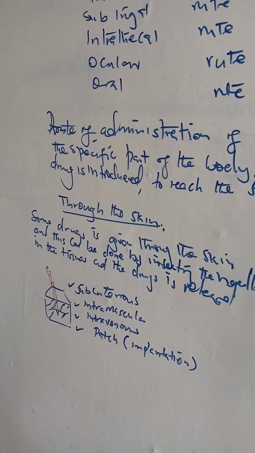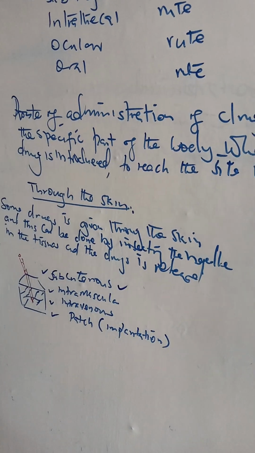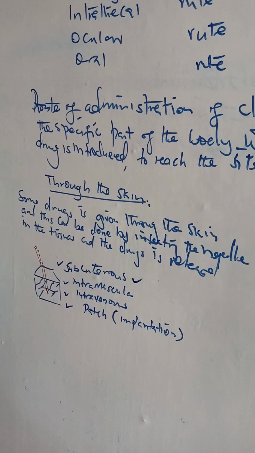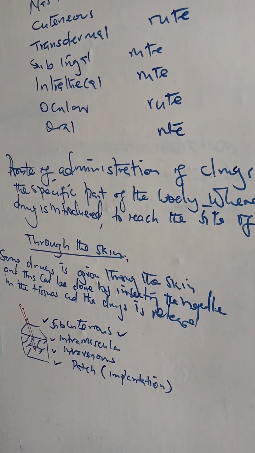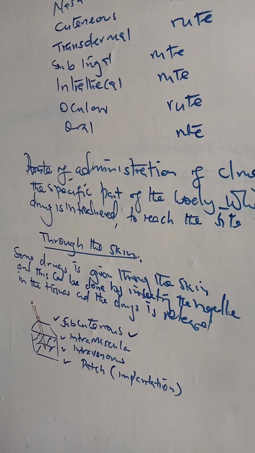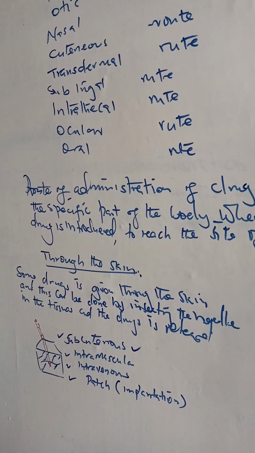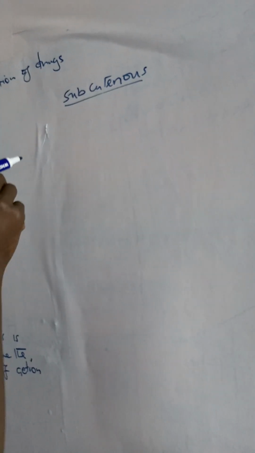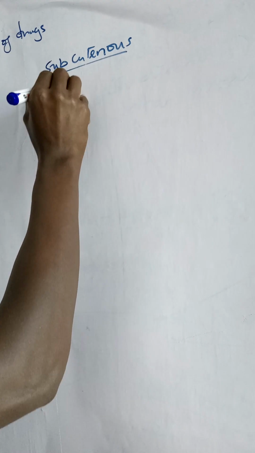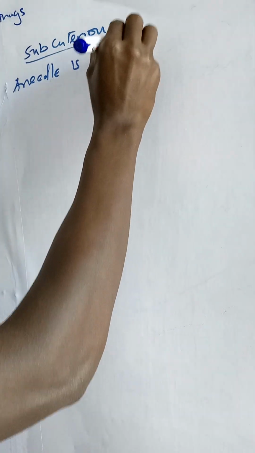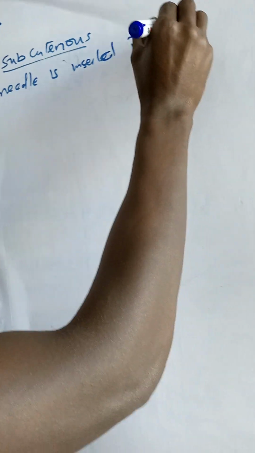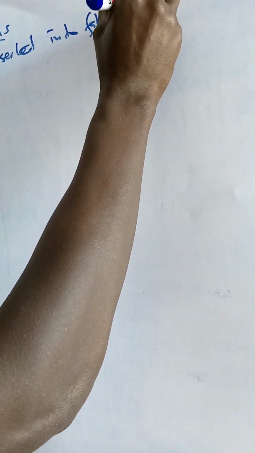So looking at subcutaneous first: for subcutaneous, a needle is inserted into fatty tissues just beneath the skin.